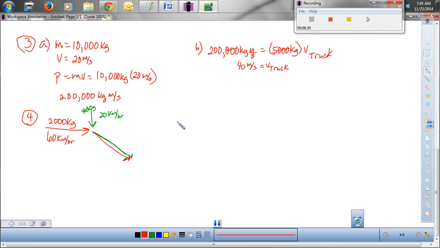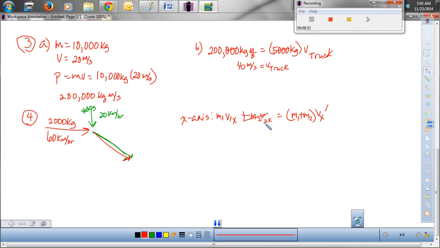So we're going to do our x-axis first. M1v1x plus M2v2x equals them stuck together, Vx prime.